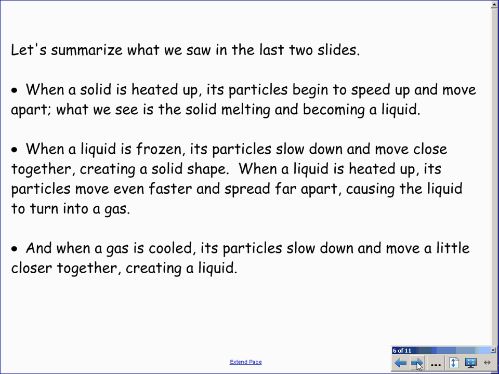When the liquid is frozen, its particles slow down and move close together. This creates a solid shape. When a liquid is heated up, the particles move even faster and spread far apart. This causes the liquid to turn into a gas. When a gas is cooled, its particles slow down and move a little closer together, thus creating a liquid.